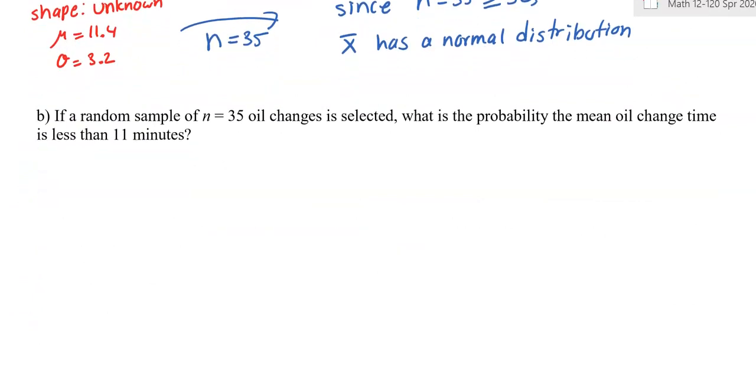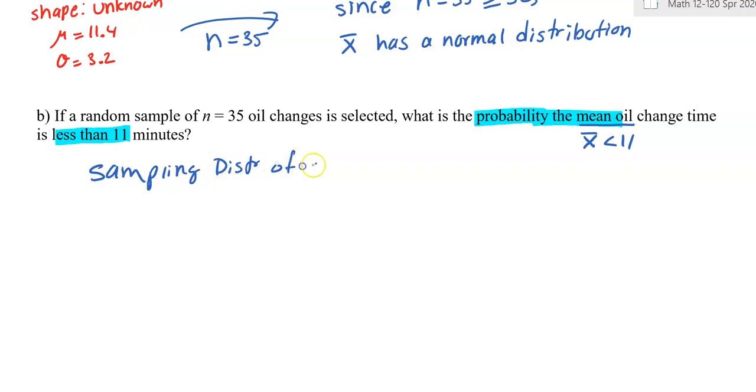If a random sample of 35 oil changes, so we still have the same sample size, what is the probability? So now we're looking at finding the probability that the mean oil change time is less than 11 minutes. So now it's about the mean oil change X bar being less than 11 minutes. So now we're using the sampling distribution of X bar.